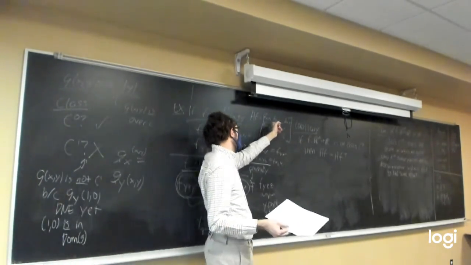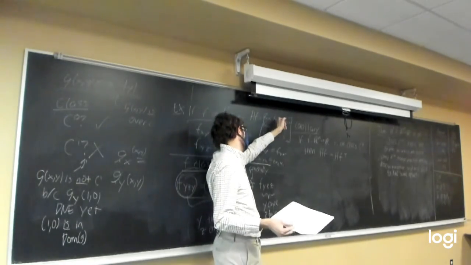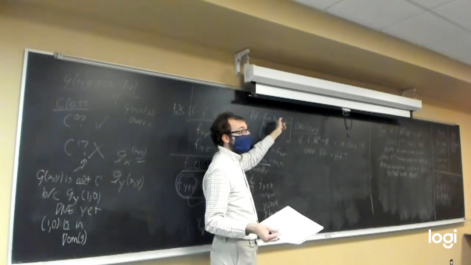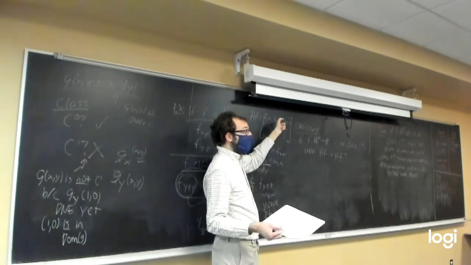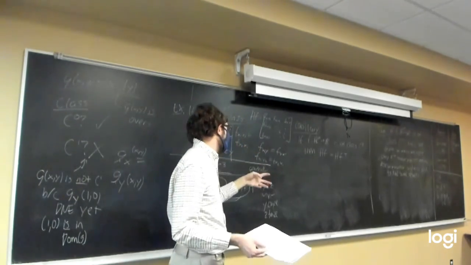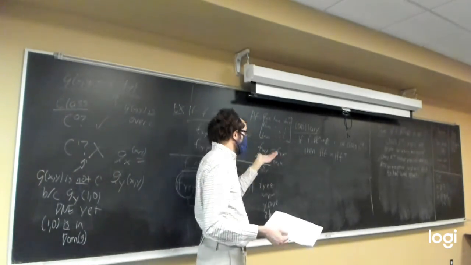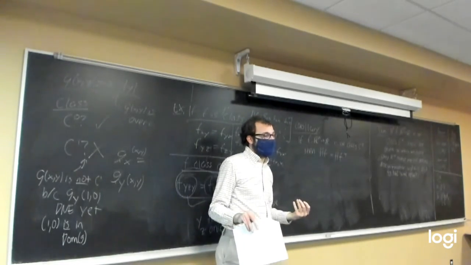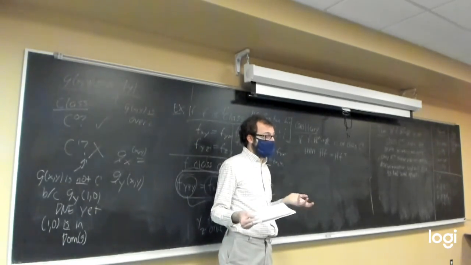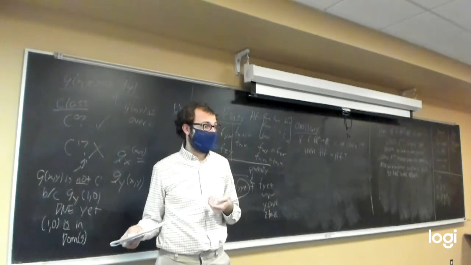Because basically you'd end up with fx1x2 ends up where fx2x1 used to be, and vice versa. But if fx1x2 is equal to fx2x1, then nothing's really changed. You still get all of the same things are going to end up being equal to each other.